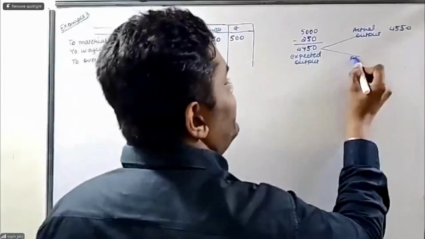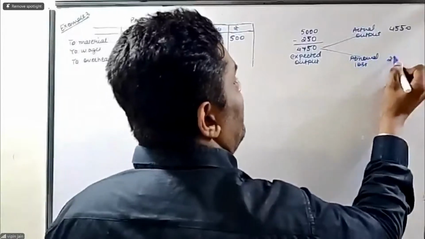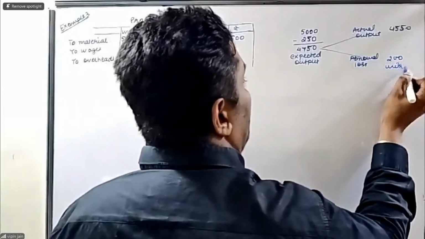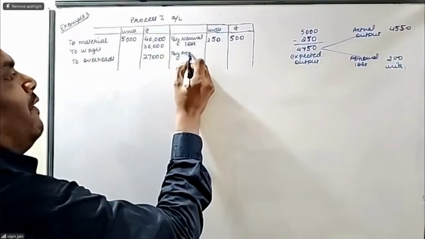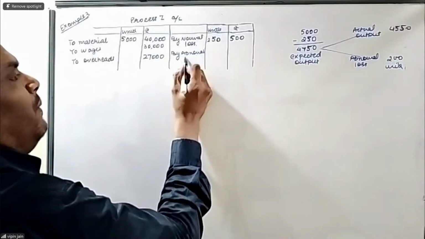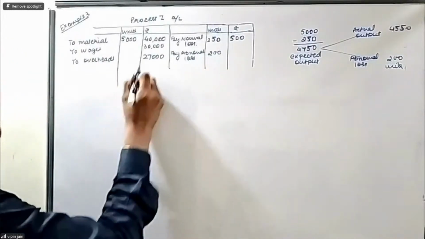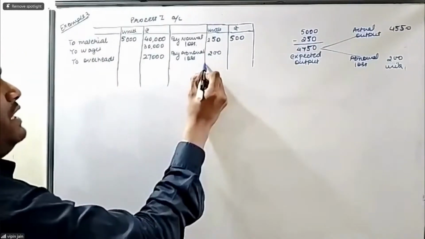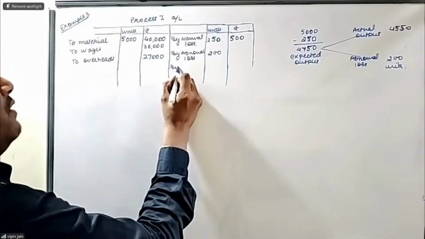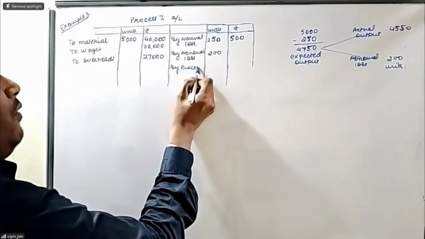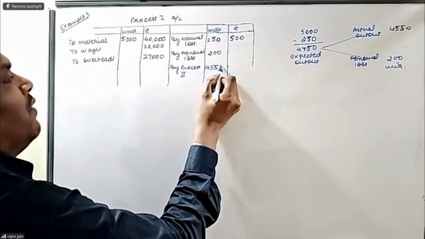So this 200 units is my abnormal loss, and we could transfer only 4,550 units to the next process, process second.